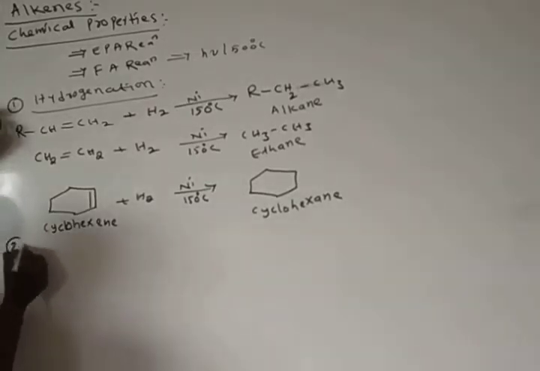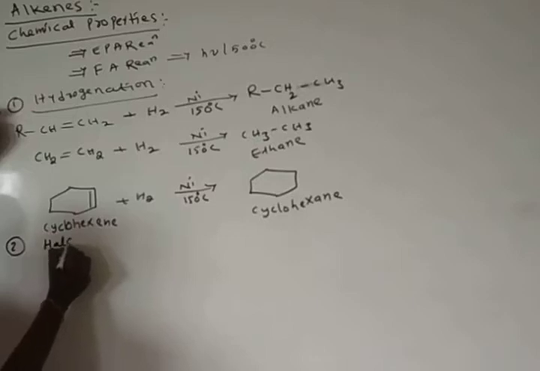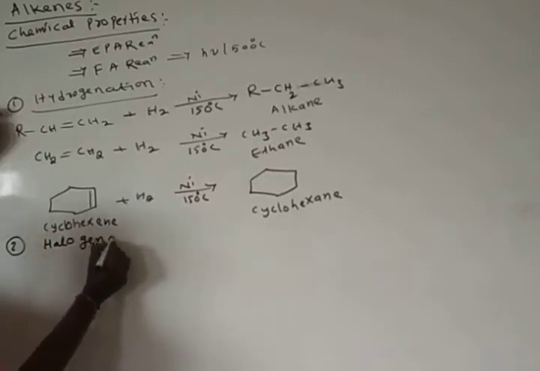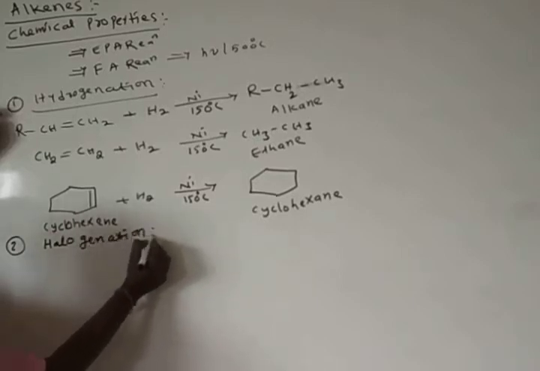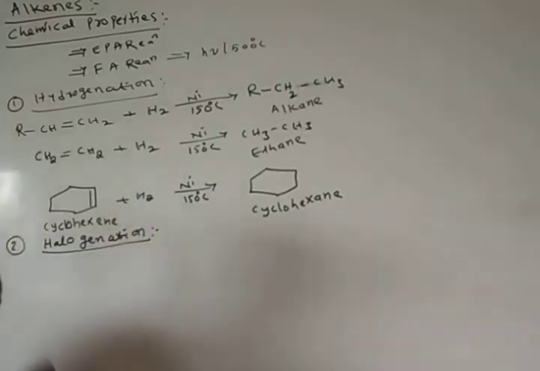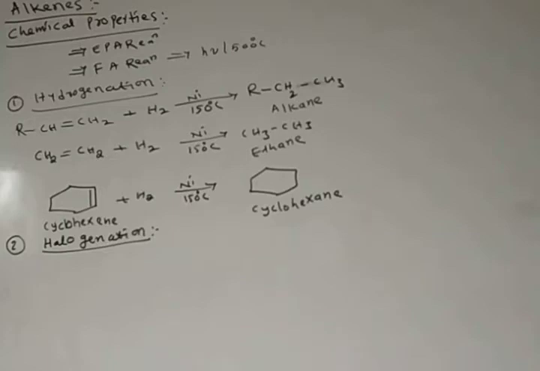Then in continuation we will see one more chemical property, halogenation. Addition of halogen we call halogenation.